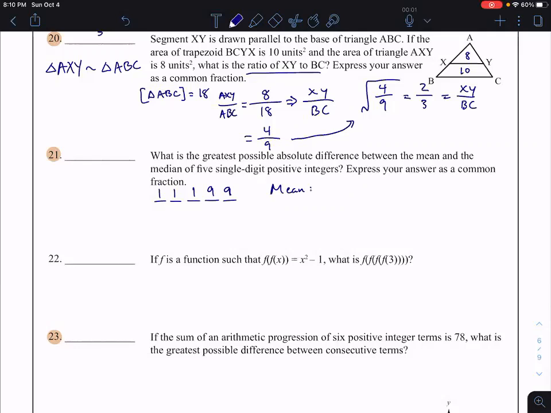The mean is just 1 plus 1 plus 1 plus 9 plus 9 divided by 5. So that's 21 divided by 5. And we also know that our median is 1. Now we just have to take the difference between these two. So 21 over 5 minus 1 gives you 16 over 5. And that's our answer.